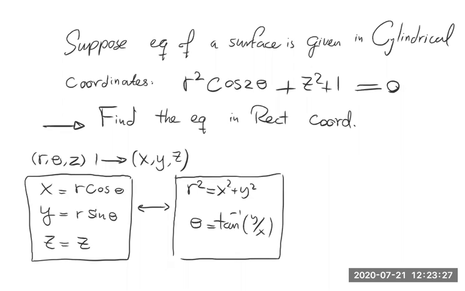Okay, think about it for 5 minutes. See which one of these things you should use and then find the equation in rectangular coordinates. Oh, also, if you don't remember, you would probably need these things, for example. So what is cosine of 2 theta? Does anyone remember the formula?